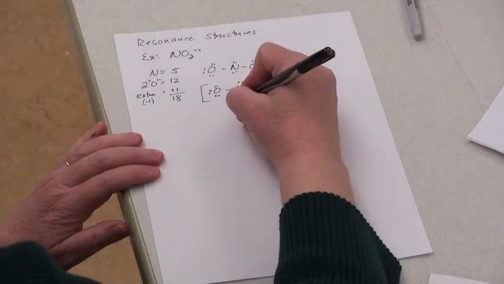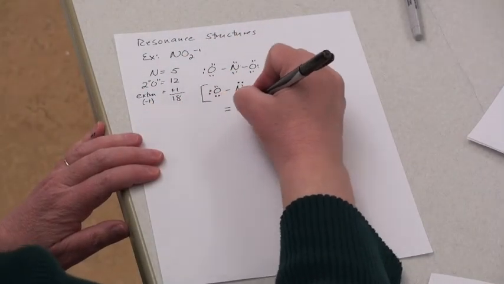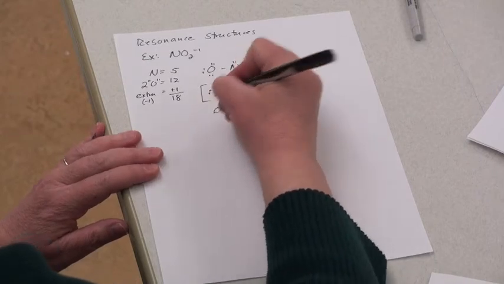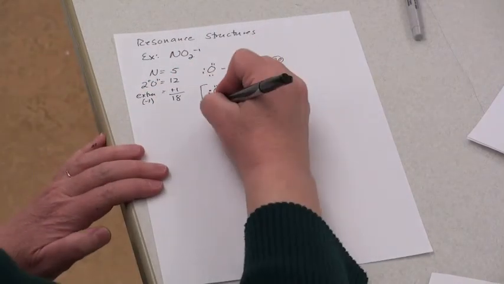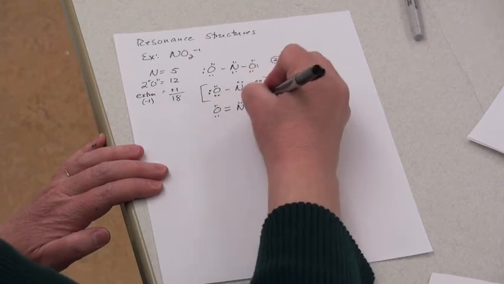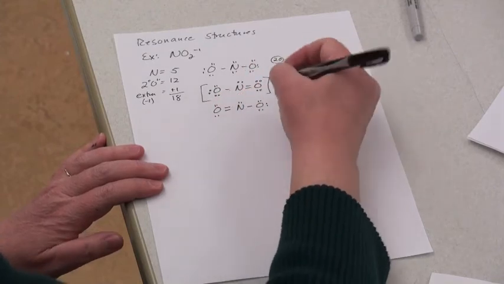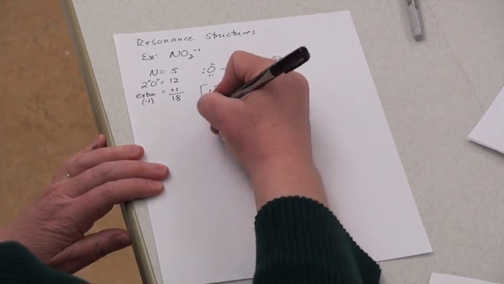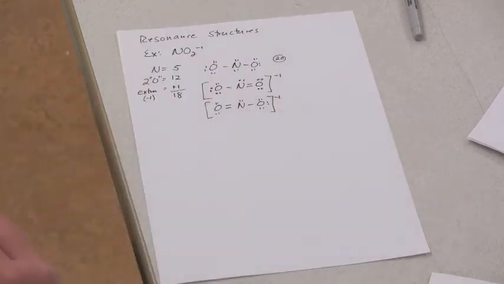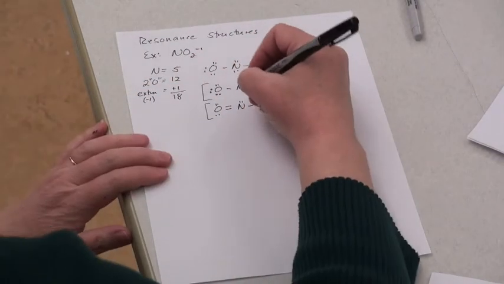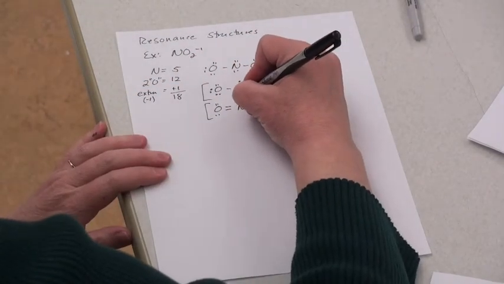But you also write the other possibility with the bond on the other side, and then give it all the dots that it needs, and the square brackets because it's a polyatomic ion, and you write a little double arrow in between.